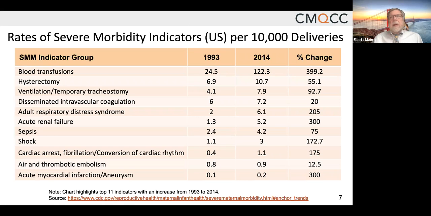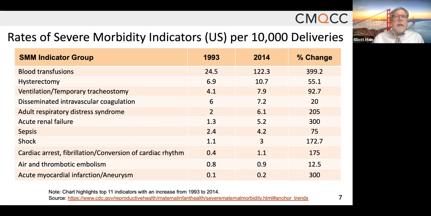Next slide. So what's been going up? And these are the major indicator categories. Blood transfusions is the biggest one by far, and it's gone up 400%. This is US data now from ARC. Hysterectomy has gone up 55%. Being on a ventilator has gone up almost 100% in this time period.